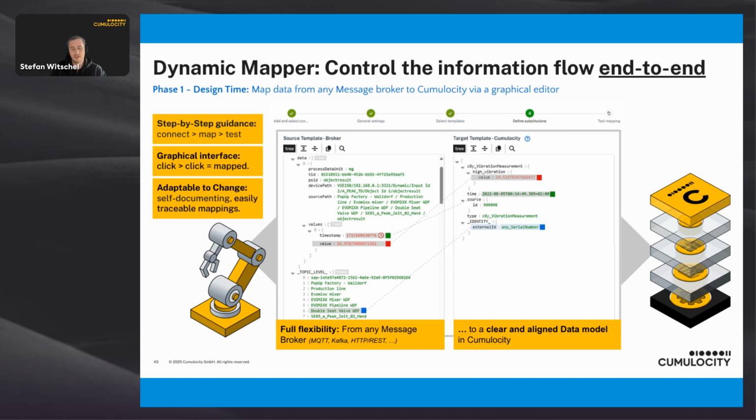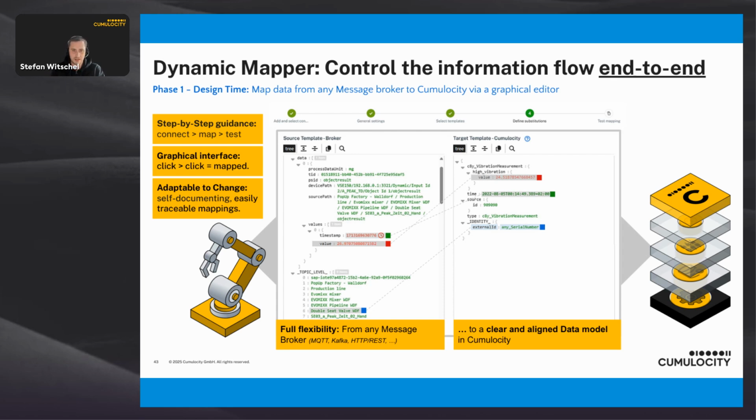Step two is then you can snoop on the payload which is coming in. It can be JSON or whatever data coming in, and you're seeing what data is received. You can select that data as so-called source templates. And just with single clicks, as you can see highlighted on the screen, you can map your data to a target template, which is mainly the Cumulocity format, of course.